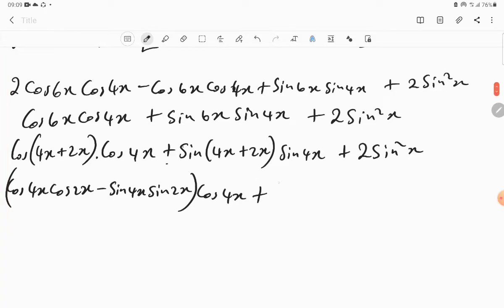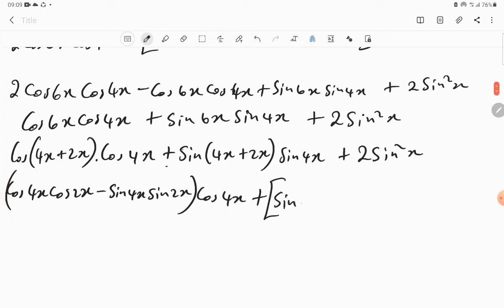So expanding that one, it is going to lead us to sine 4x, then cos 2x. Then remember that on sine we keep the sign as it is, then we have cos 4x, then sine 2x, then we have that.